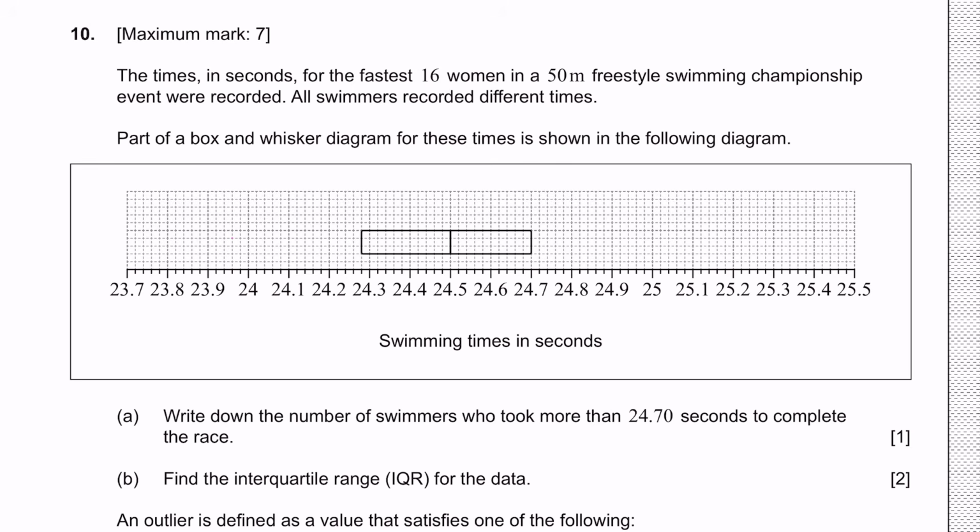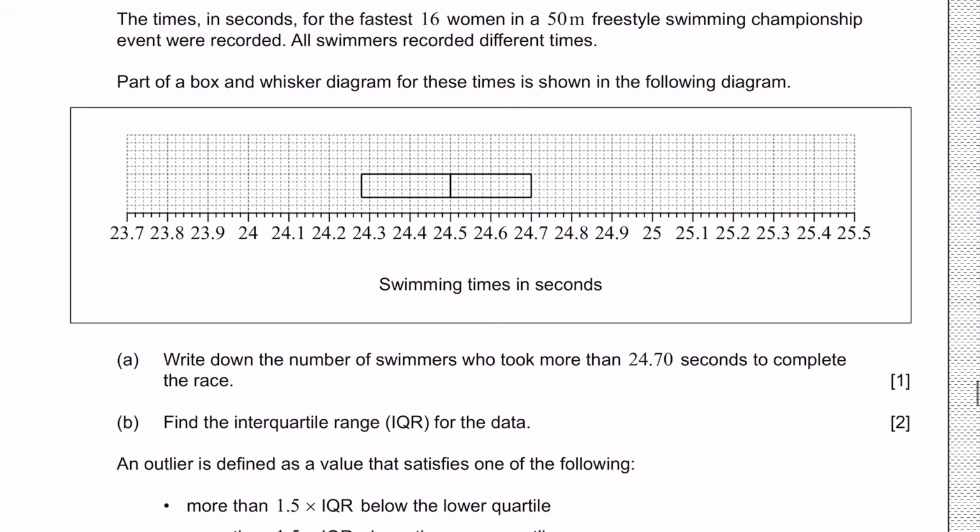So 4 women here, 4 women here, 4 women here, and then another 4 swimmers here. So 24.7 marks Q3. We could say that there were 4 swimmers that had a greater time than 24.70. So in this case, the answer is just 4. All right.